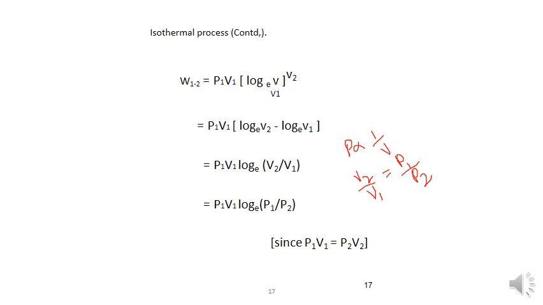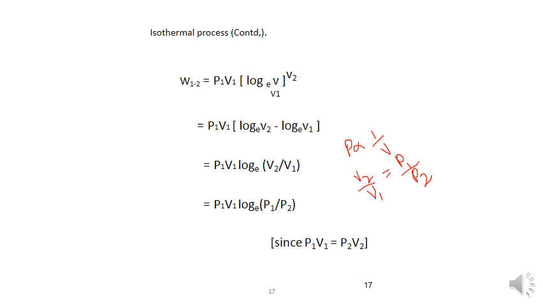According to the non-flow energy equation for the isothermal process, dQ is equal to dU plus dW, but the internal energy change dU is 0, because we are taking a constant temperature. Constant temperature means the change in internal energy is 0 and the change in enthalpy is also 0. So what remains? Q is equal to W.